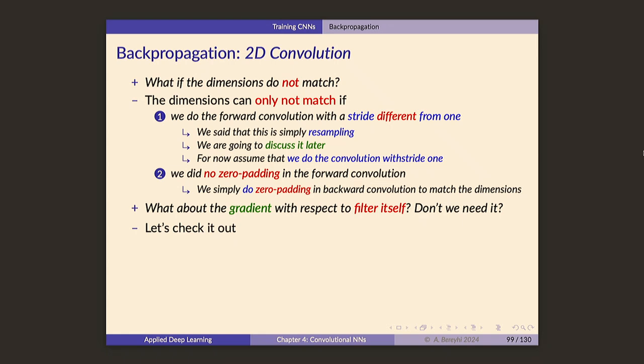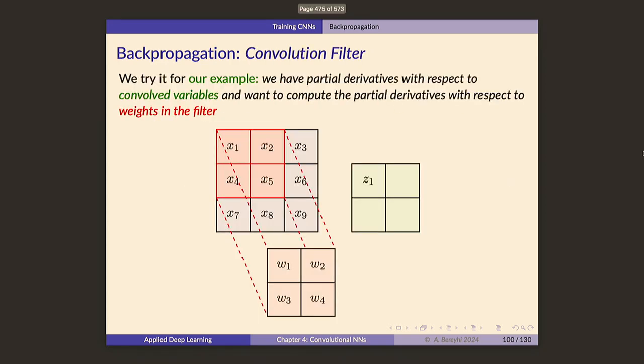I also do have x, z, y, because before I start the backward pass, I did the forward pass. So everything is here. The last thing I need to compute is the gradient with respect to the weights inside the convolutional layer. Correct? Clear? So let's just take a look and see how can I do it, and then let's get back to the simple example that we had.